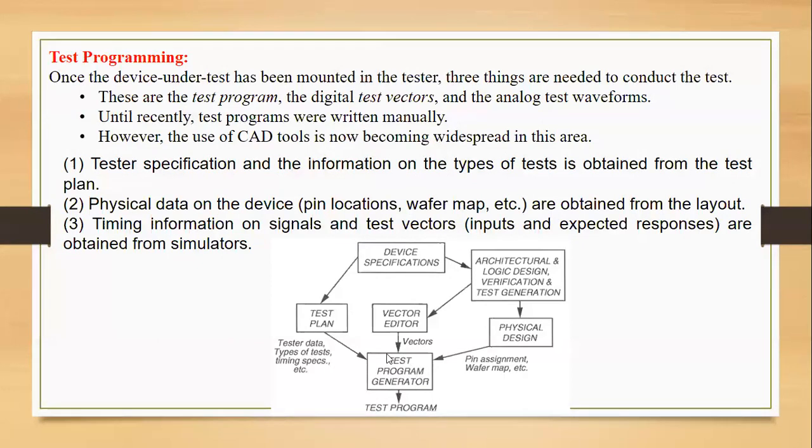How is the test program generator generated? First, it checks the device specifications. If you know the device specification, you are able to build one device module. So firstly you check the device specification, and thereafter you go for the architectural and logical design verification and tester generation also.